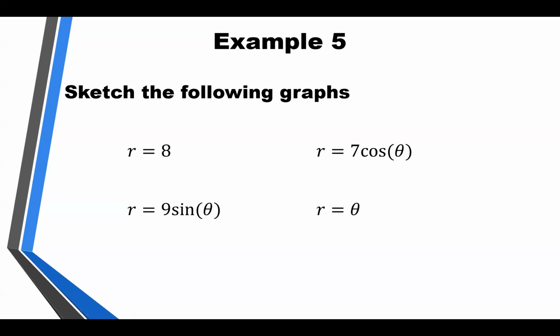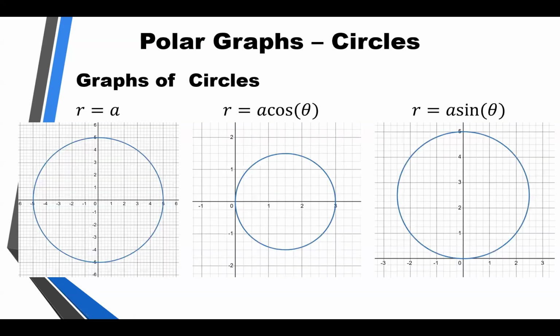Using example 5, we can see that in general, if I want to graph a circle with polar graphs, we see at least 3 ways to do it. There's more than 3, but we can see 3 ways to do it. r is equal to some number, like r is equal to 5, would give you a circle of radius 5 centered at the origin or the pole.